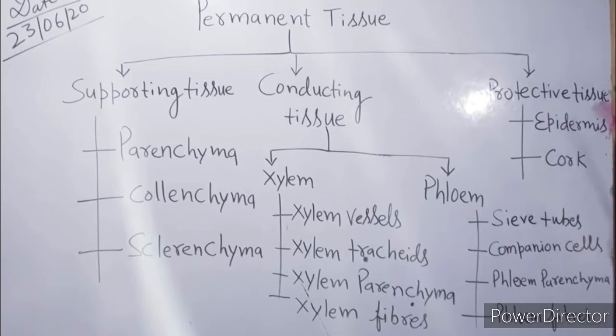And apart from this, there is wax. Wax is also found in the superficial parts of the plant that helps to repel water. Now the second one is cork.